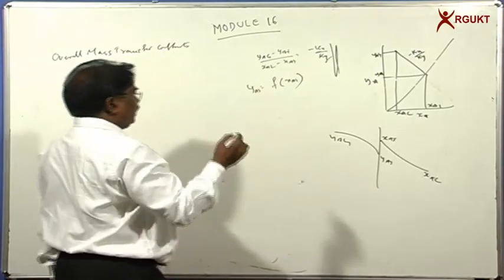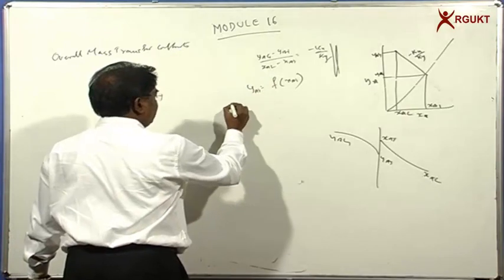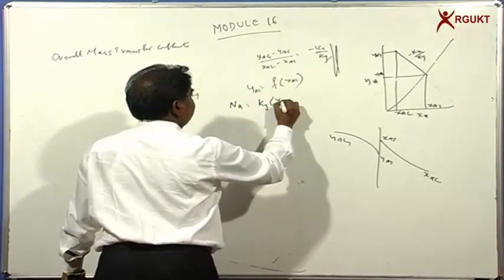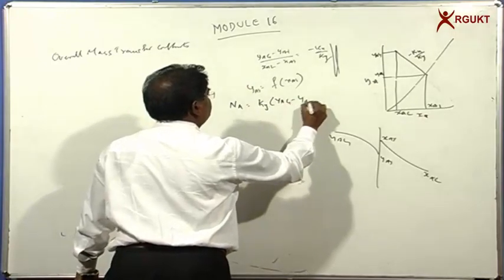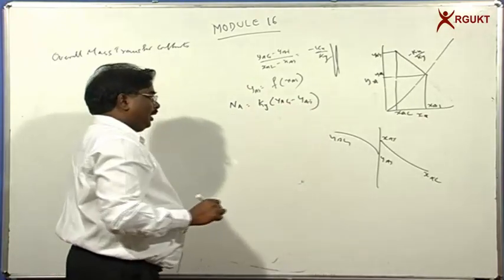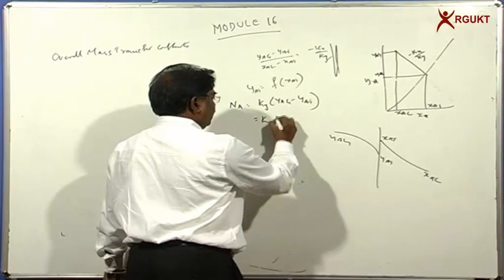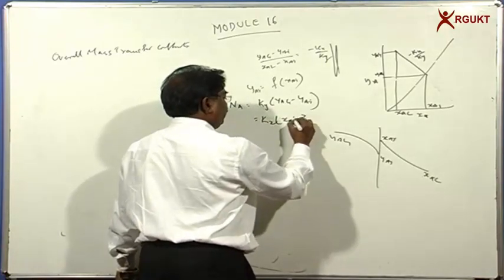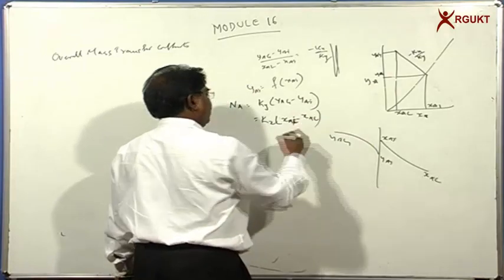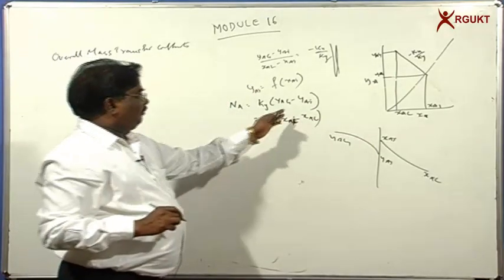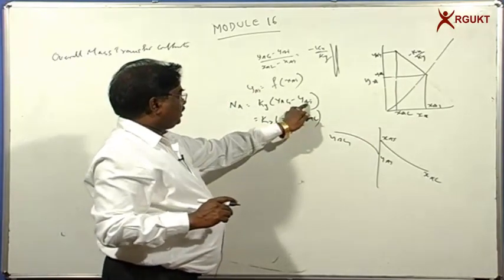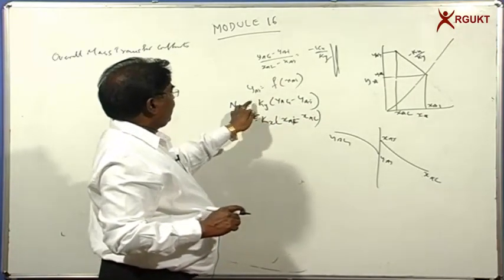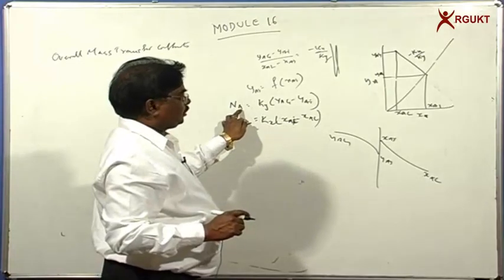When we don't know the values of interfacial concentration, we cannot estimate NA equal to KY into (YAG minus YAI), or equal to KX into (XAI minus XAL). So it is not that simple to estimate YAI or XAI, and one cannot estimate the flux NA so simply.